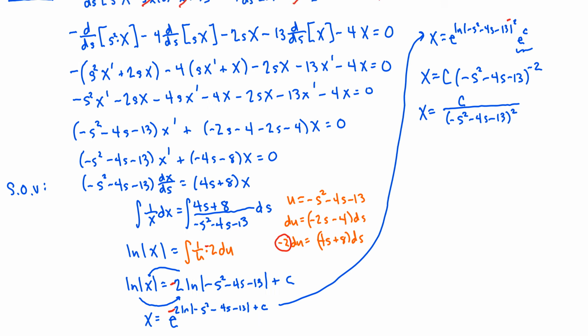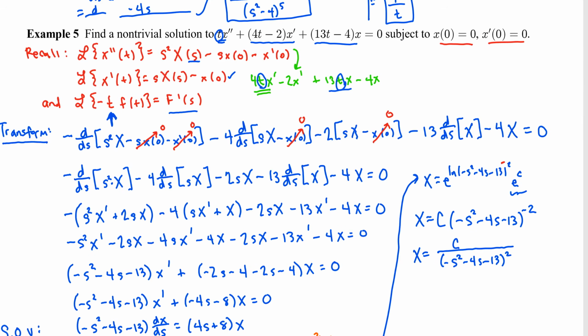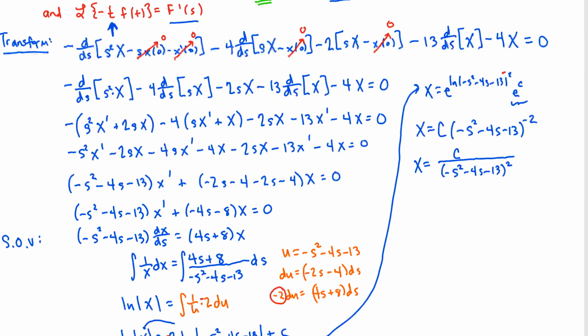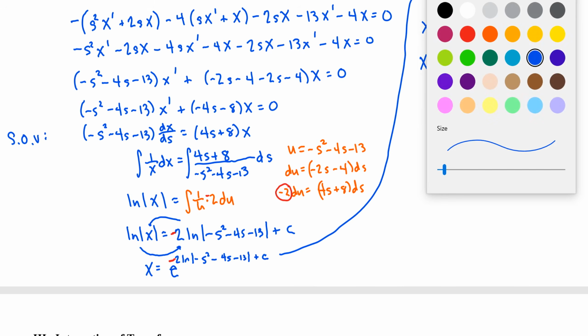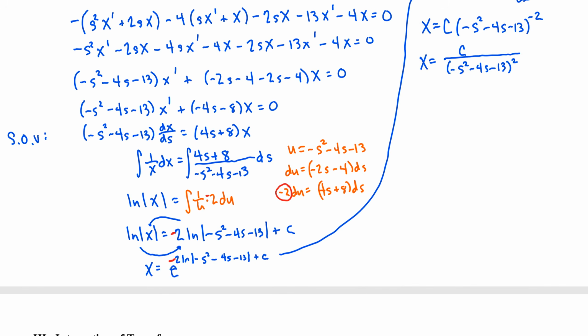So little x, the solution to our original differential equation, is the inverse Laplace transform of big X. So next we need to work on inverse transforming big X of s. So our solution that we're after, little x of t, is the inverse Laplace transform of big X of s, which we have found.